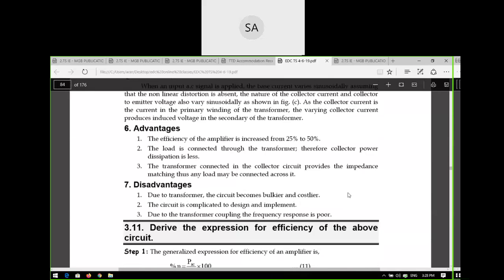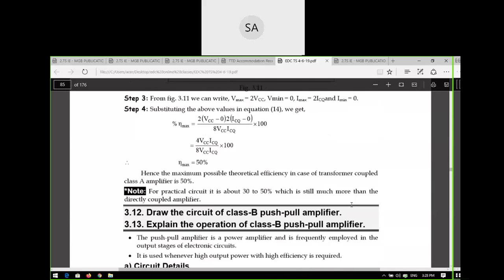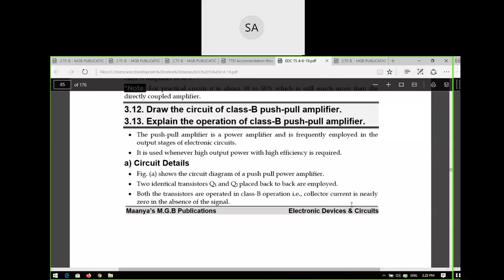Now we have to go for the circuit of the class B push pull power amplifier. We have class A, class B, class AB, class C, and class G power amplifiers, in which we have completed class A. Now we have to discuss the class B push pull power amplifier.